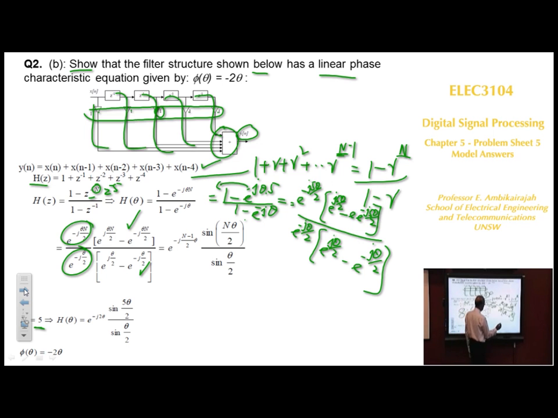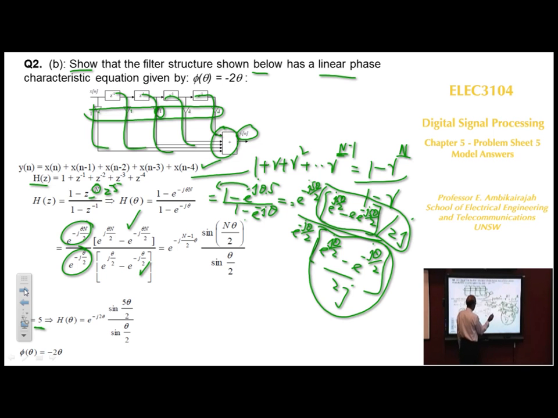Now what you need to do is divide this by 2j and divide that by 2j. When you do that, this will give you sine, and this also will give you sine. And you bring this up here, it will give you e to the power minus j 5 theta over 2 times e to the power j theta over 2.